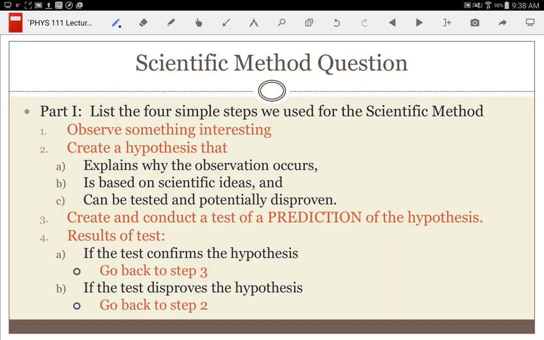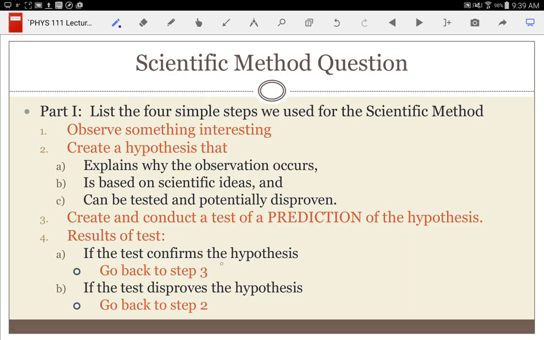Now we get to step 4. What outcome would confirm your hypothesis? Okay, so if you find that the dimensions are different, then it's a confirmation. And what would you do?